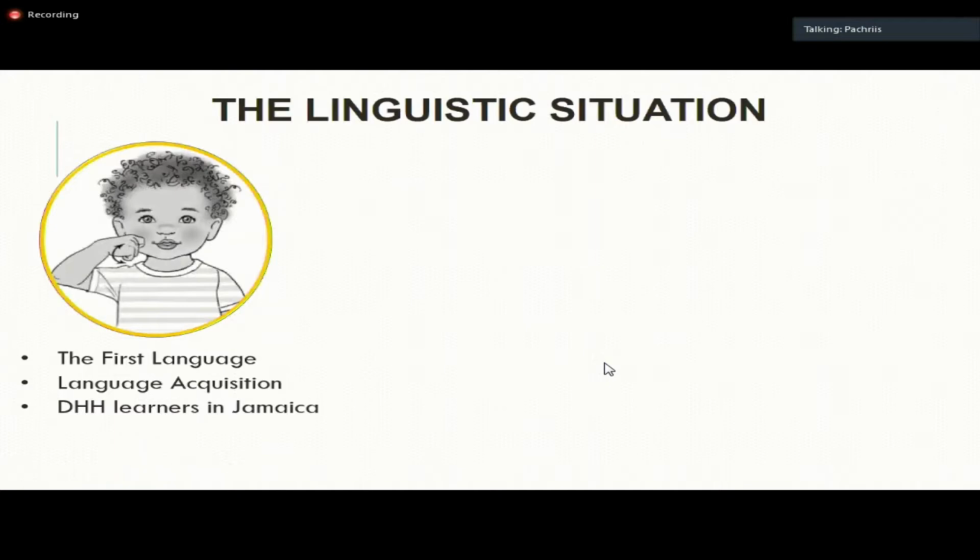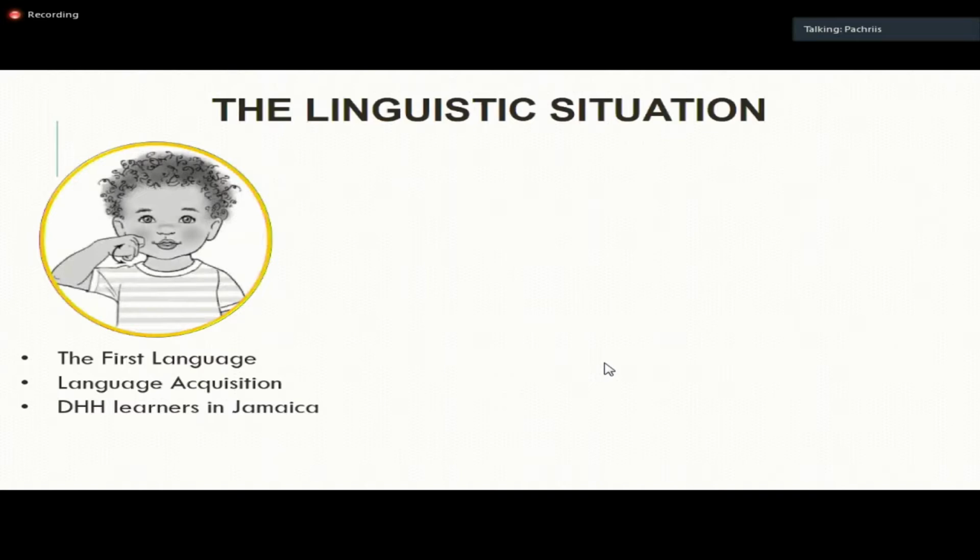So the linguistic situation that I'm examining: the students acquire their first language at school in most instances, and their first language is a visual gestural language, a national sign language called Jamaican Sign Language.